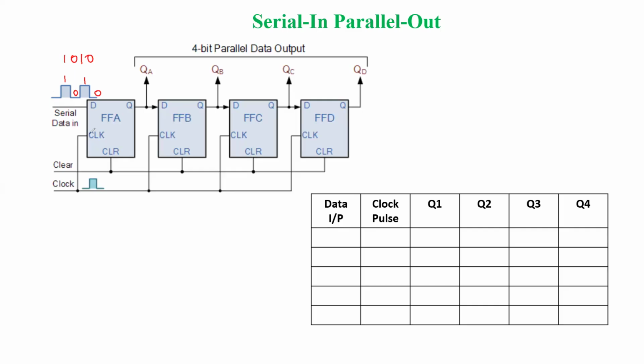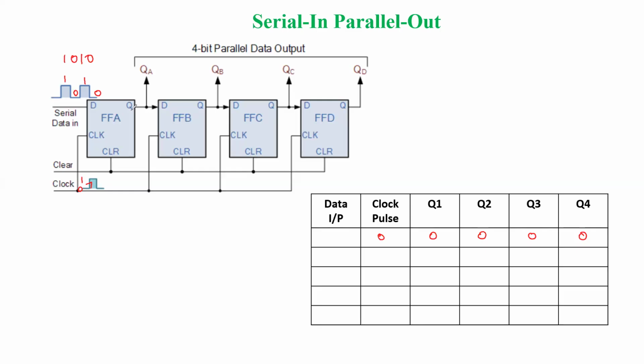And here again, the clock pulse is applied to all the flip-flops and we are considering positive edge triggers. So whenever a transition takes place from 0 to 1, the flip-flops will be triggered. In the initial condition, when the clock pulse is not applied, the output of all flip-flops is 0.